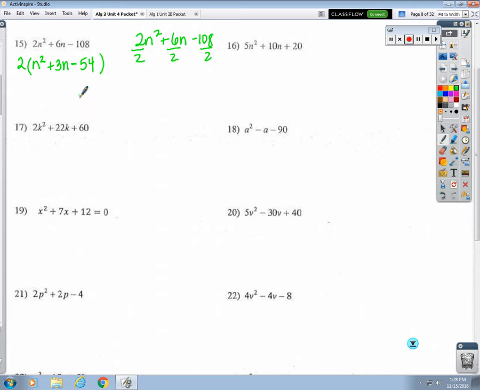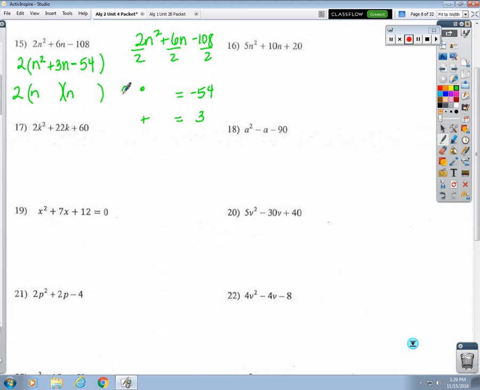Okay, so now that we've taken out that 2, don't we have something that we can factor by bubble method like the previous page? So to get n squared, we need n times n. And now we're looking for two numbers that do what? Multiply to give you negative 54 and add to give you 3.